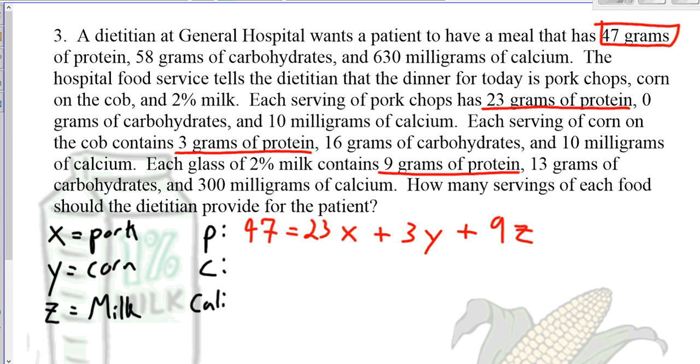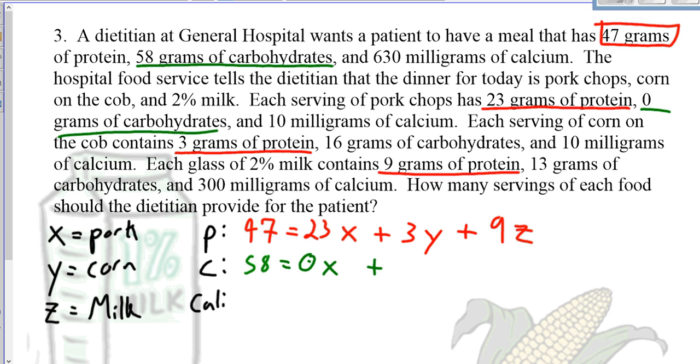Okay, my next equation is going to be the equation for carbohydrates. So carbohydrates, the patient should get 58 grams of carbohydrates. Again, how much comes from the pork chops? I get 0 carbs from my pork chops. So that's 0 carbs from my pork.